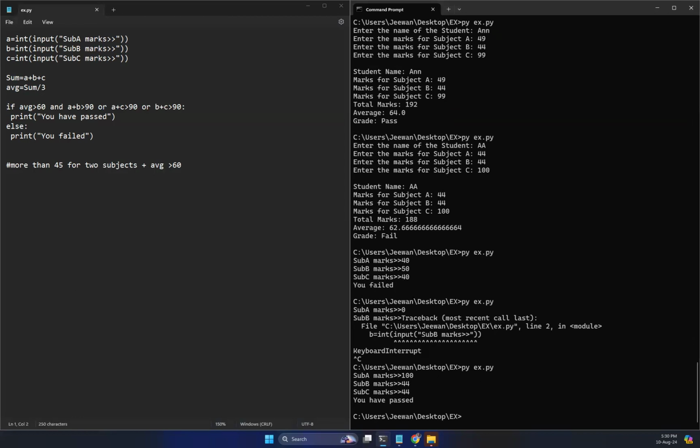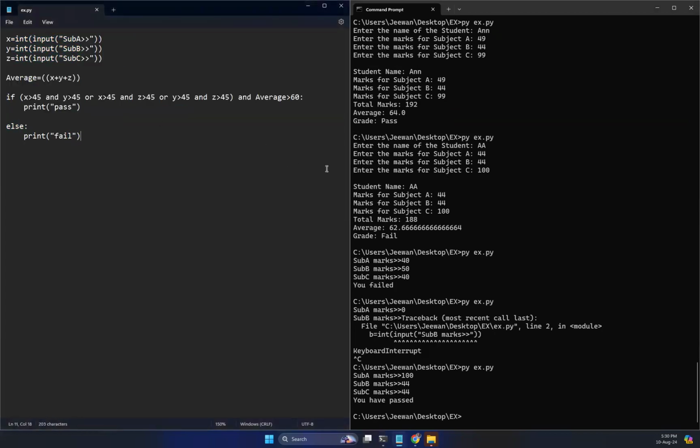And Mithuli. X greater than 45, Y greater than 45. Oh, X greater than 45 and Z greater than 45. Oh, Y greater than 45 or Z greater than 45. Okay.